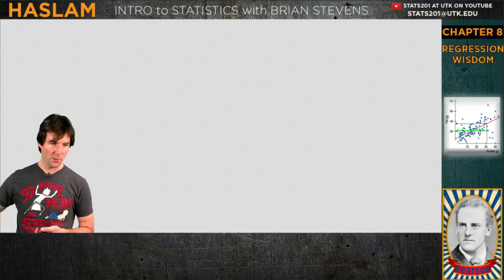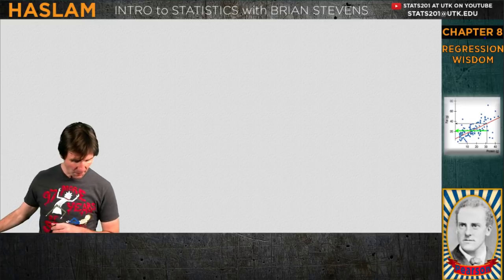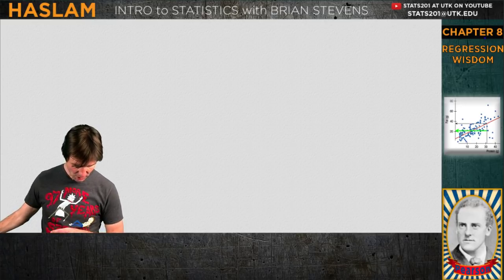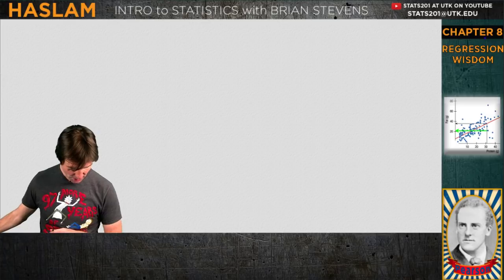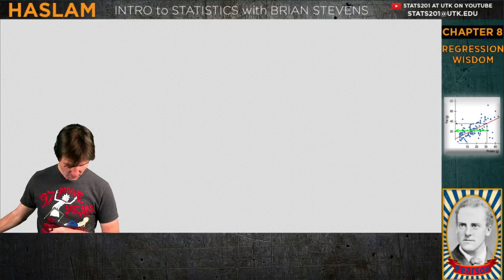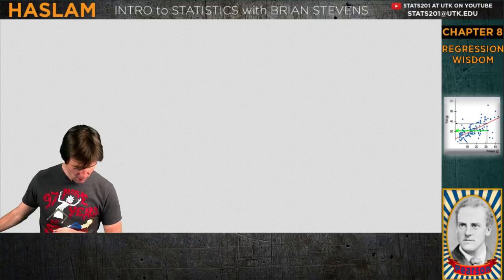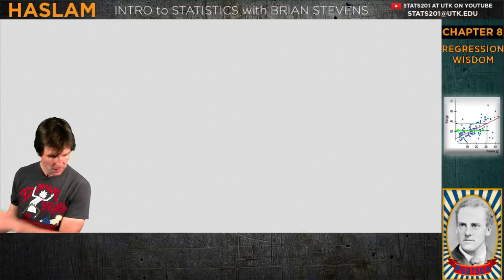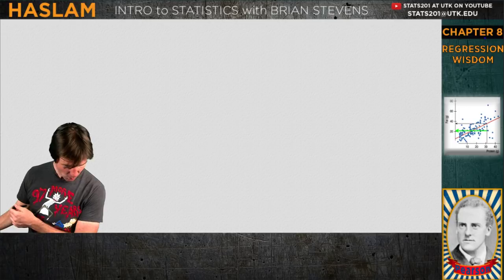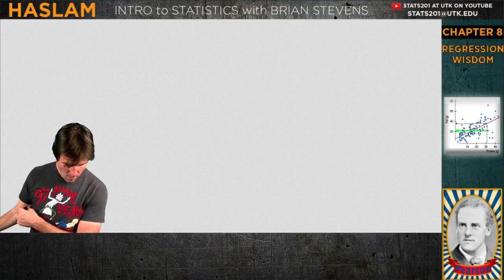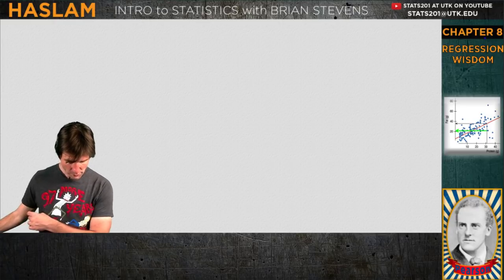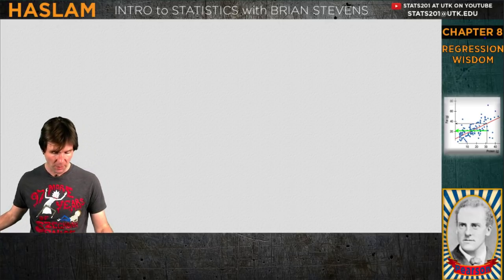So let me hop back here out of presentation mode and let me pull up the quiz 8. I'll do one question on quiz 8. I cannot see the chat anymore. What does the question read on quiz 8? As long as I can see part of the question, we'll be good.